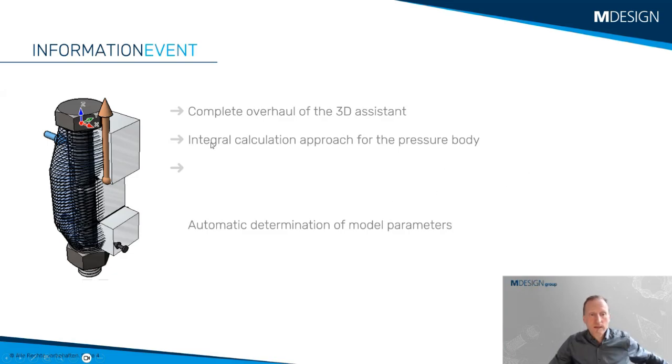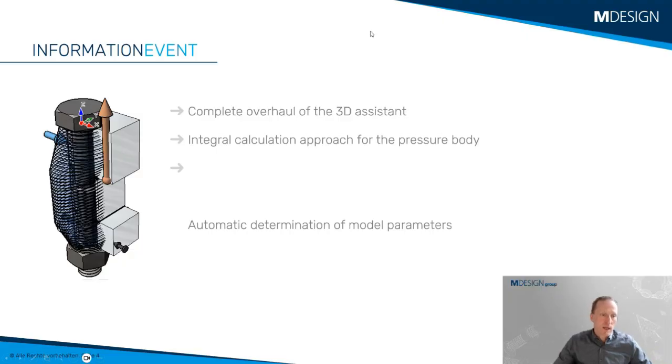Then we have a new calculation method, a completely new integral calculation approach for the pressure body. This is what you see in the left picture here. That means it's no longer simple geometry of cones and cylinders. Now it's free geometry.